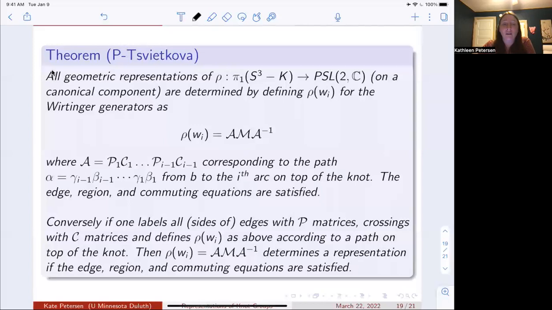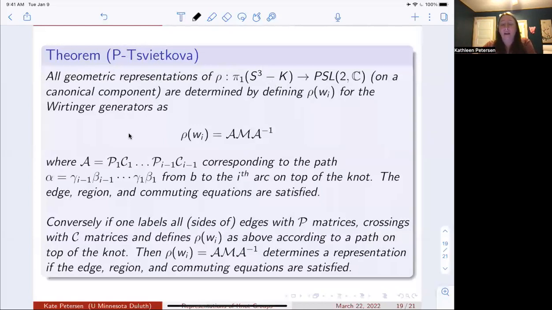So all geometric representations, by that I mean those corresponding to a canonical component, from the knot group to PSL2C, we can define them by defining the Wirtinger generators in the manner I talked about. You do an A path, which goes from the base point on the top of the knot to the ith edge, you go around the ith edge, and then you retreat.